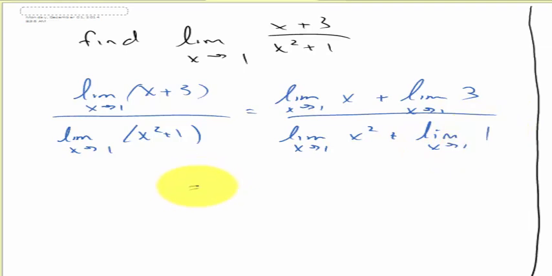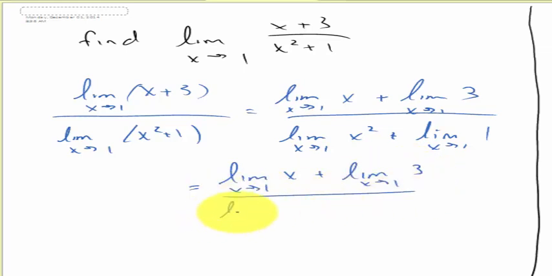All right, there's one more limit law that we can use, and that's the one for an exponent. And what is the limit of the function y equals x as x approaches 1?